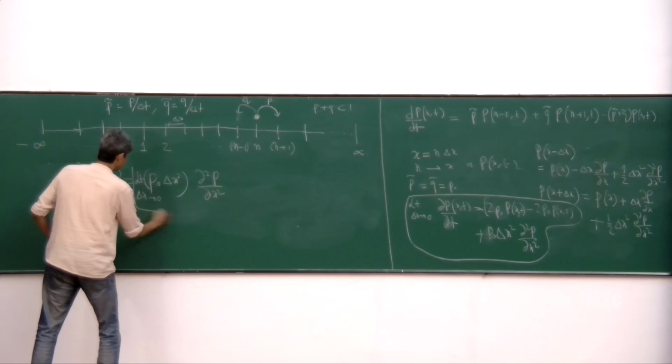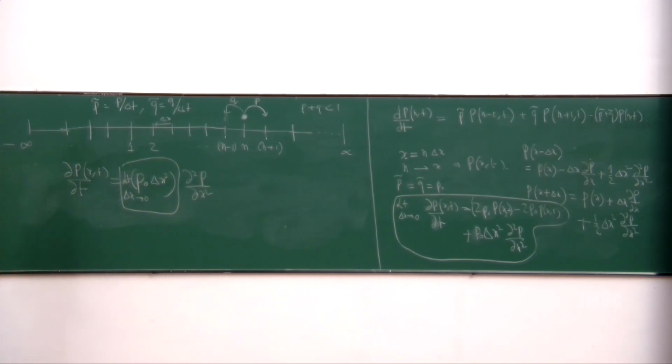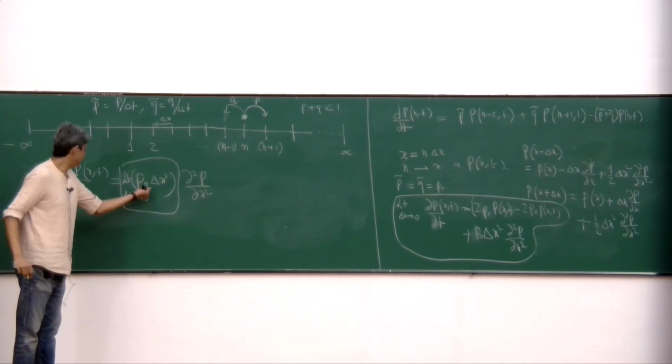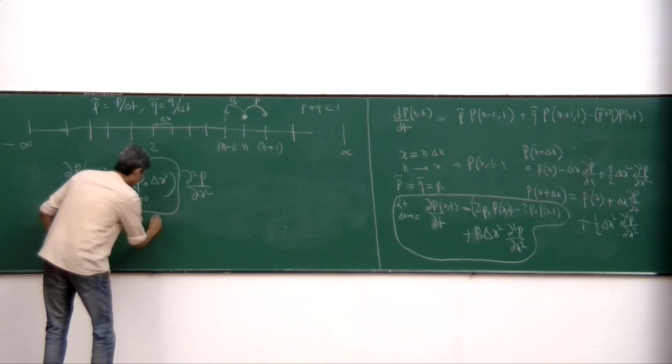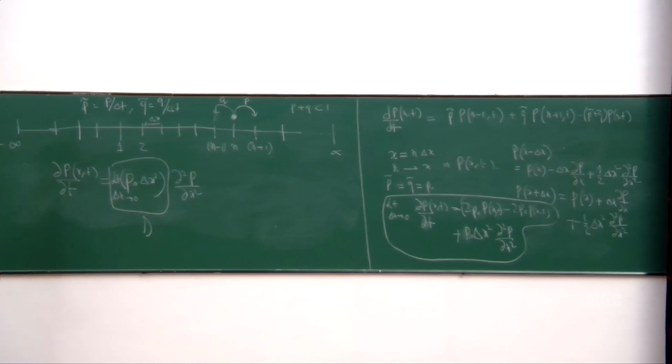Now what is this quantity? This is a hopping rate times a length scale, which is delta x square. So I can call this something like a diffusion coefficient.